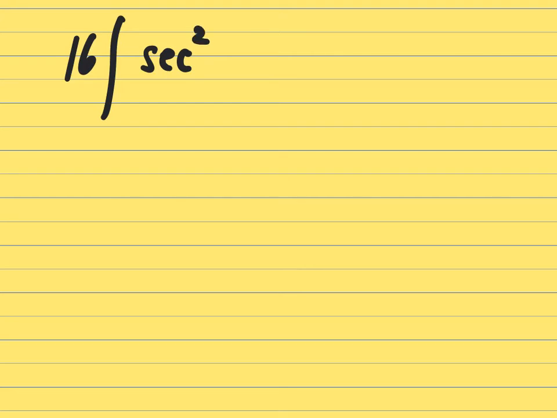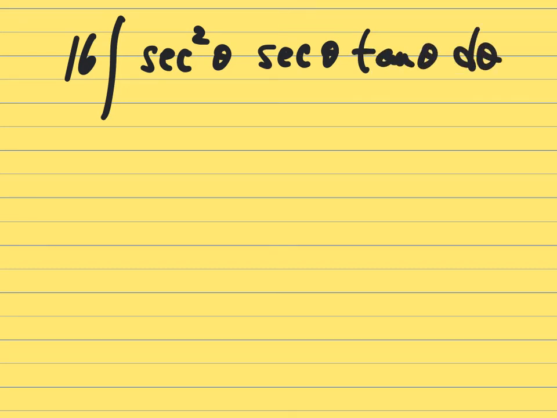So we're going to take those 3 secants and split them up into 2 and 1. I want to leave the secant tangent together because secant tangent is the derivative of secant.